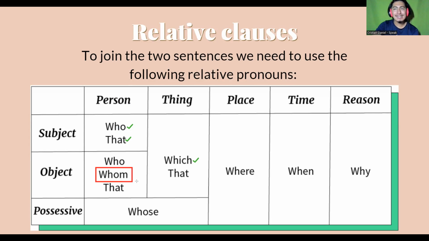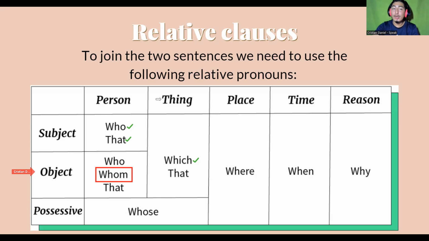Actually, whom is very formal, so it's not common to use it, but it's possible to use it when the relative pronoun is working as an object. We will check that in a moment, okay? So pay attention to it. When we use who or whom or that, we talk about a person.